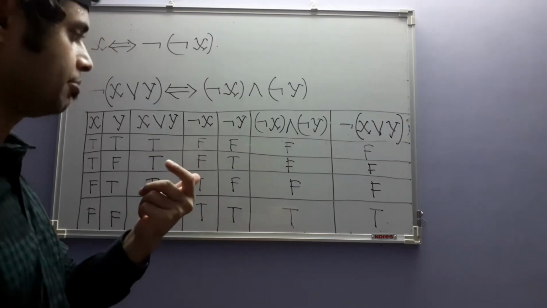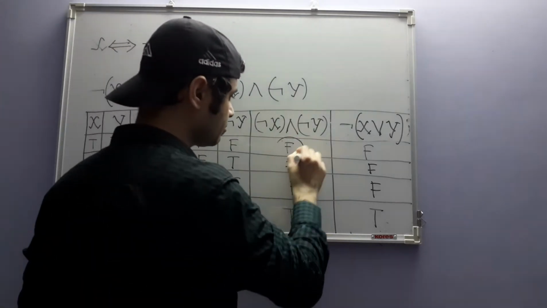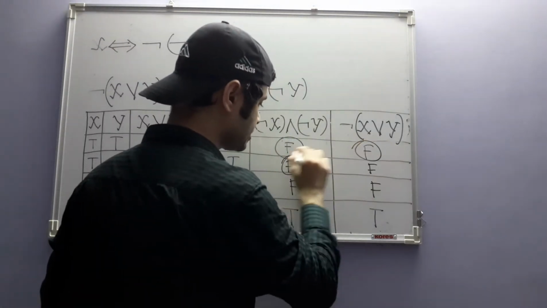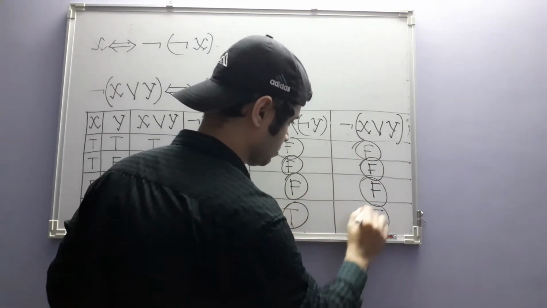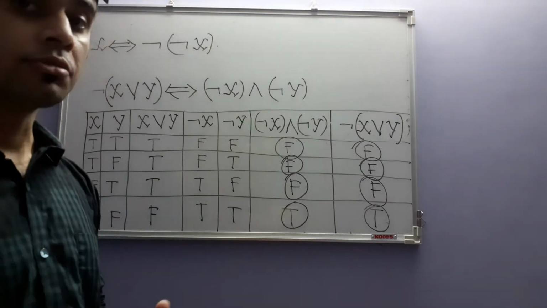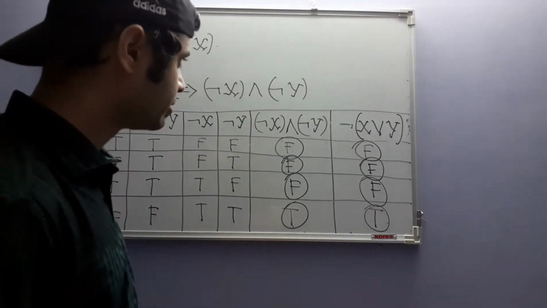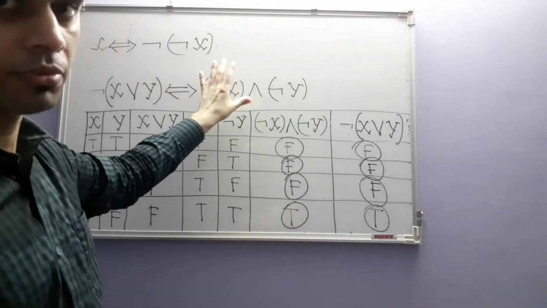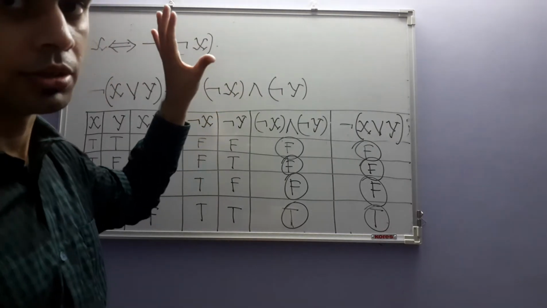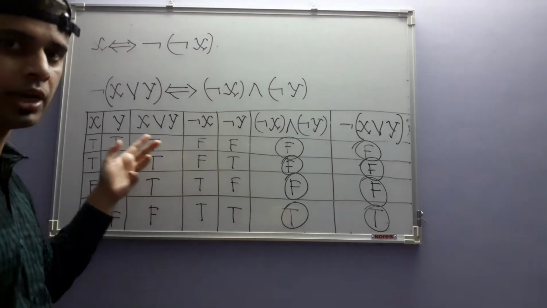So now you compare. These are the same. They are either together true or together false. So that's why these two statements are logically equivalent. This is one of the De Morgan's laws. The other you can prove like that.